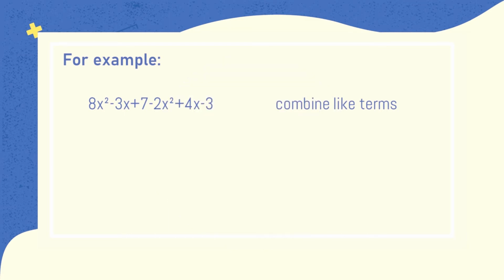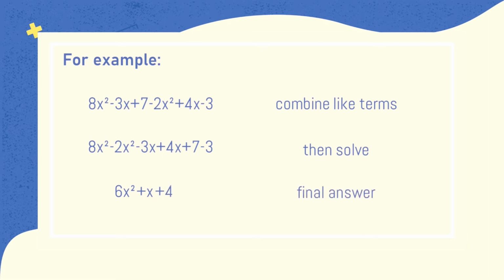So first, we'll combine the like terms. 8x squared minus 2x squared plus 3x plus 4x plus 7 minus 3. 8x squared minus 2x squared will be 6x squared. 3x plus 4x is 7x, and 7 minus 3 is 4. So our final answer will be 6x squared plus 7x plus 4.